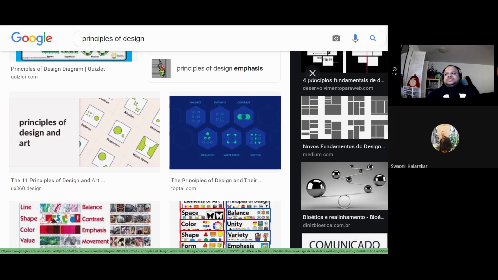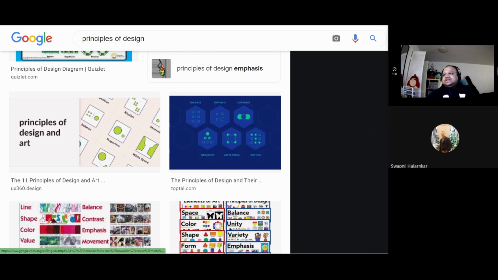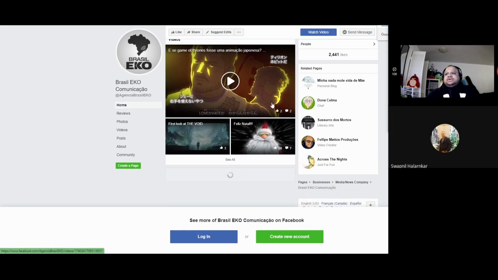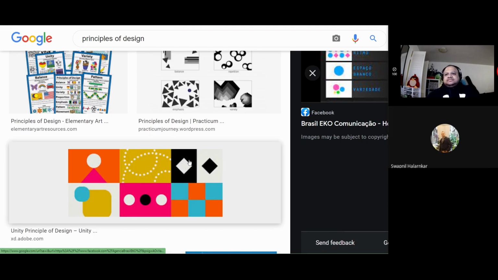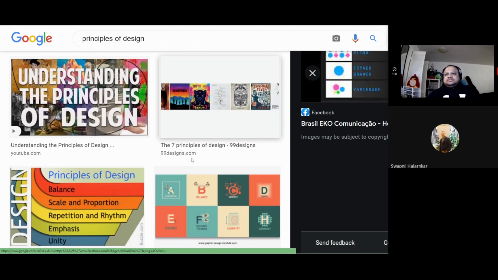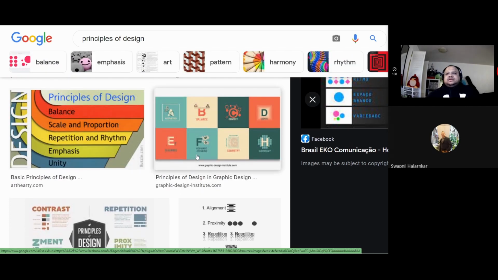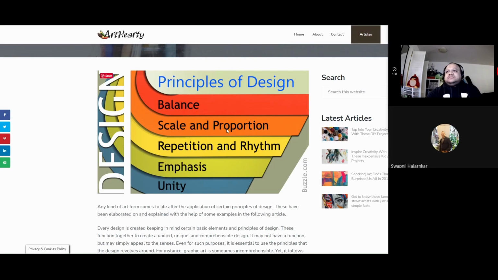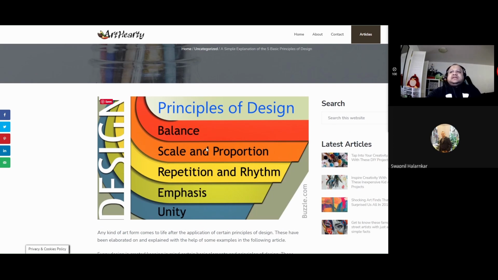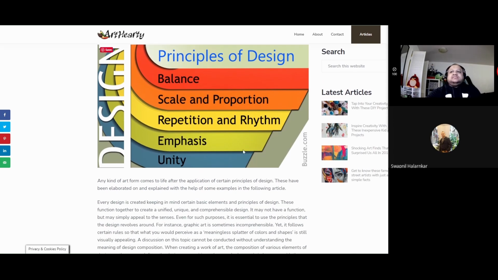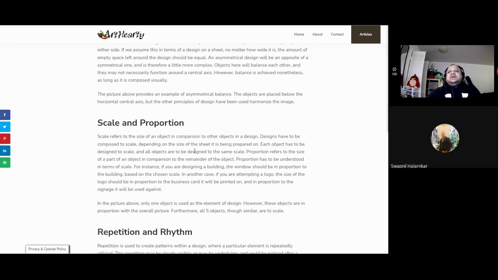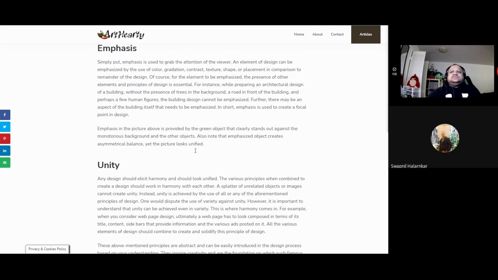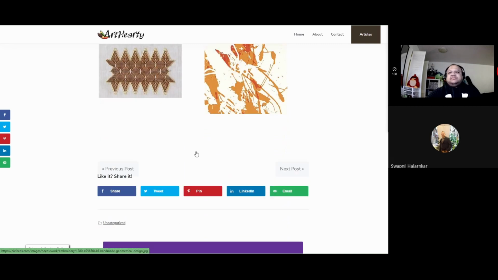So there are different principles of design, and I'll be teaching that part also. There are balance, scale and proportion, repetition, rhythm, emphasis, unity, then isolation. They have talked about some of them.